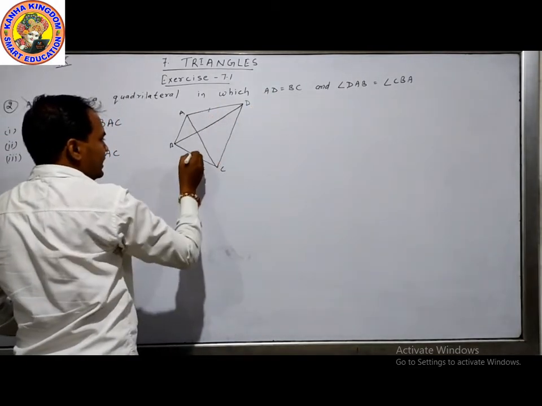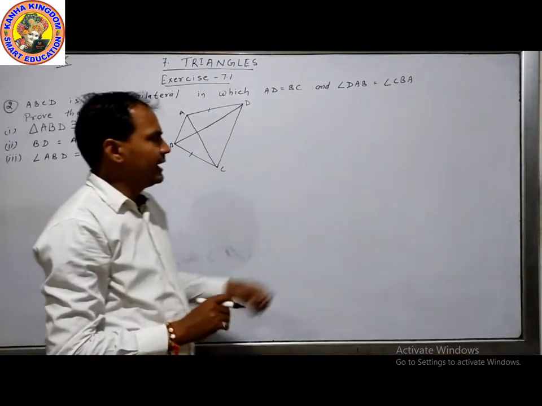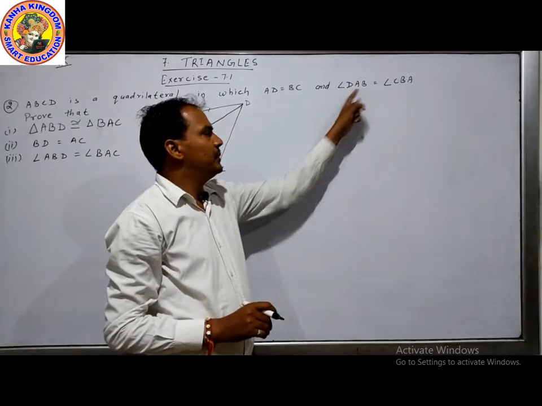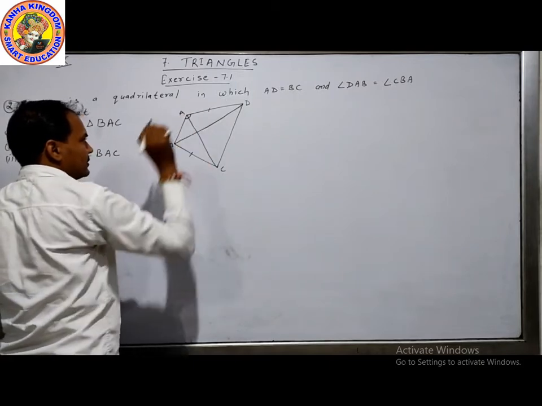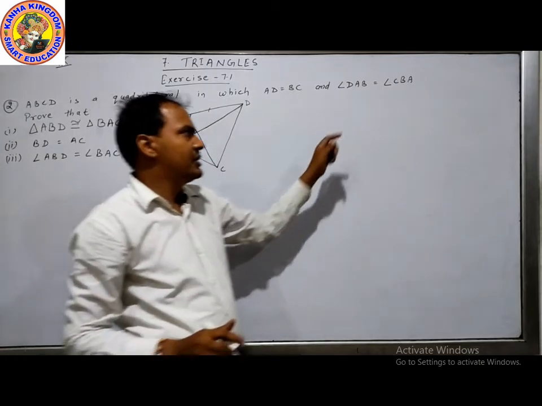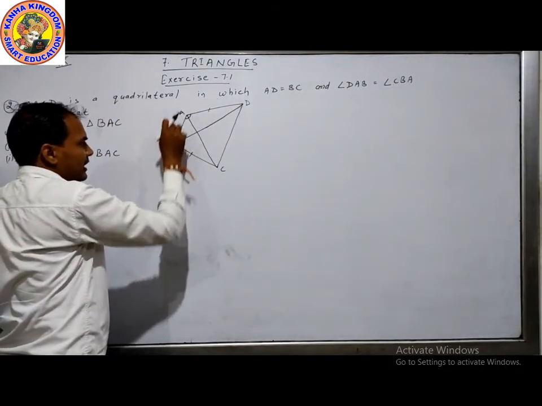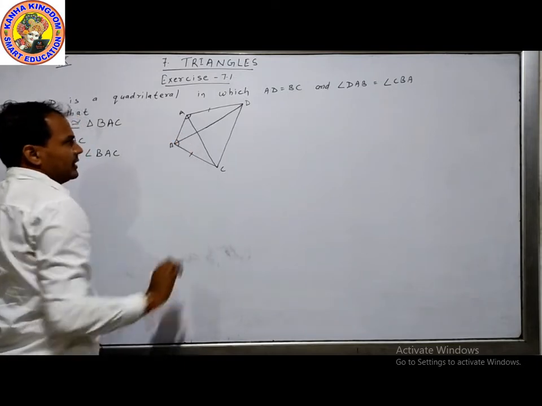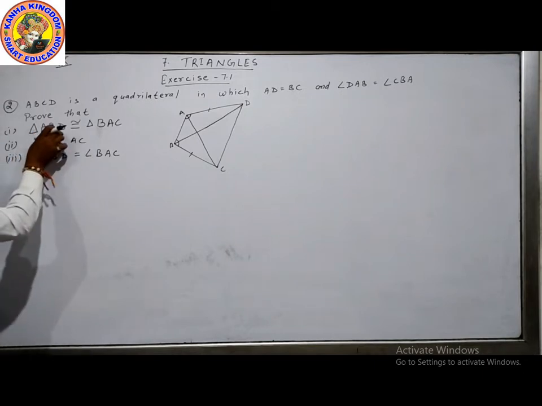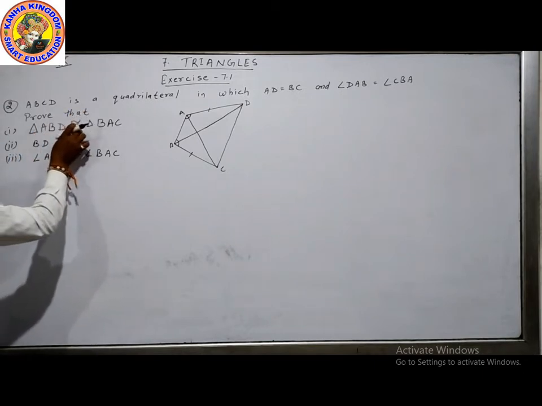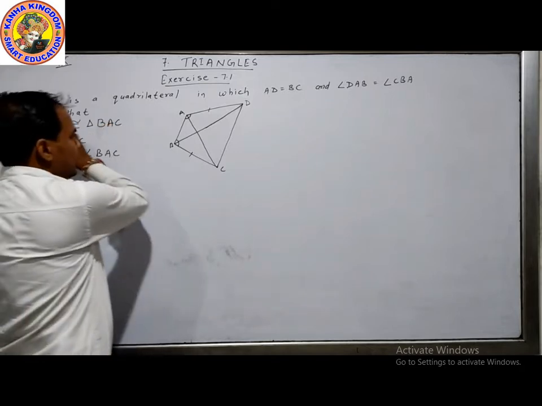This side AD and this side BC are equal, and angle DAB, this complete angle DAB, is equal to angle CBA, the complete angle B. Then prove that triangle ABD is congruent with triangle BAC.